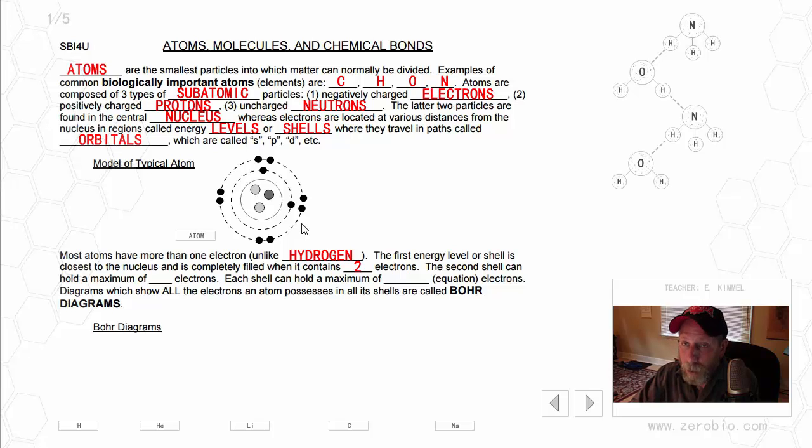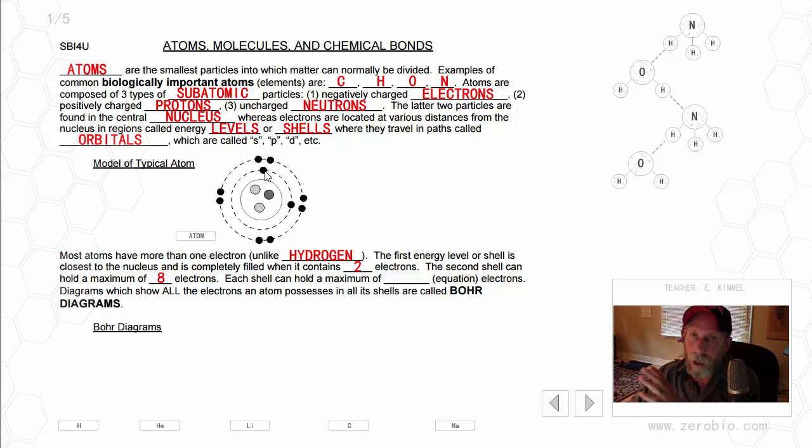But if the atom has more than 2 electrons, you have to have a place to put them. Once 2 electrons occupy that first energy level or shell, then they move up to the second energy level or shell. The second energy level or shell can hold 8, and I've drawn 8 in this diagram here to illustrate this shell is now full.